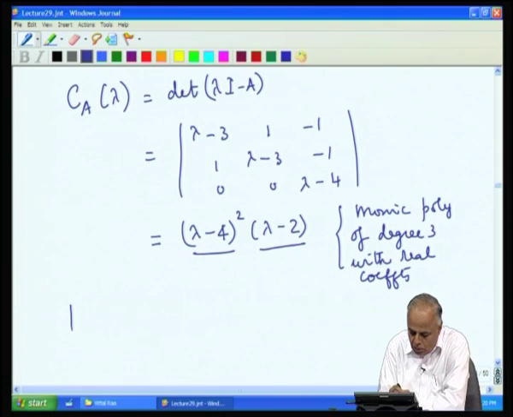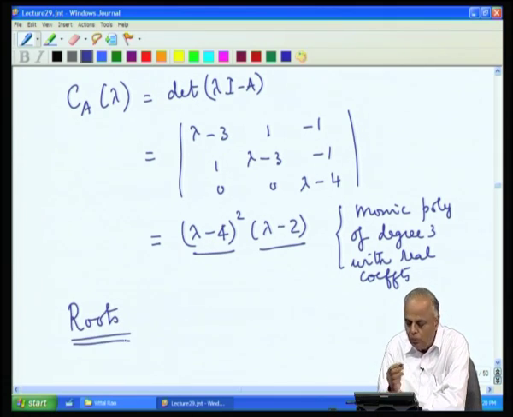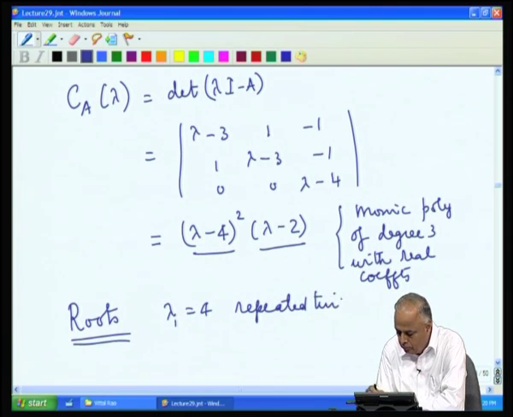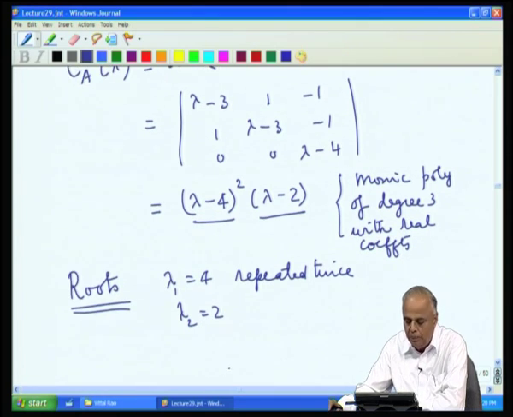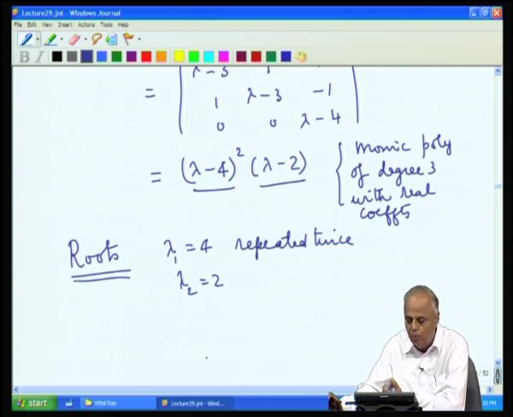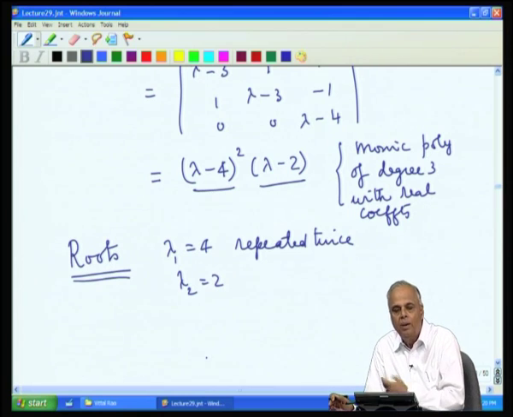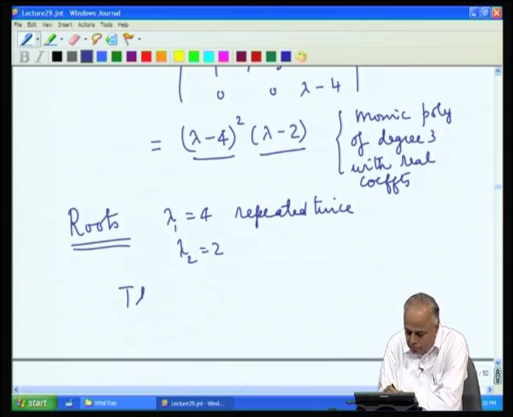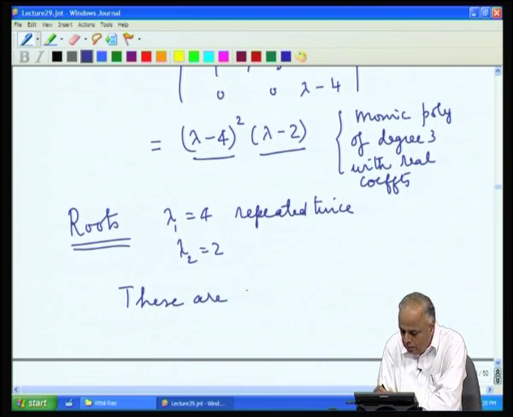What are the roots? In this case, there are only 2 roots actually, one of them is repeated. So, lambda 1 equal to 4 repeated twice and lambda 2 equal to 2. Really speaking there are only 2 eigenvalues, 4 and 2, but one of them is repeated twice. These are the eigenvalues of this matrix.